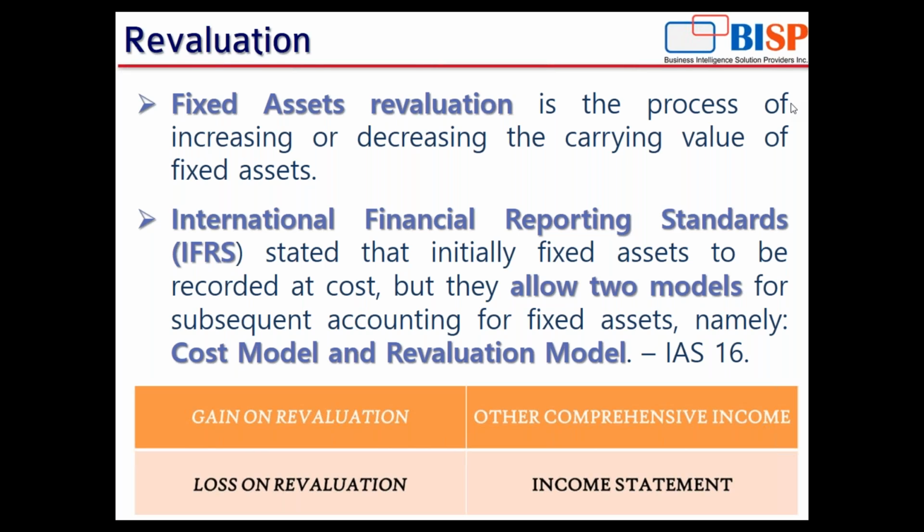Current cost is basically the cost of the asset minus the accumulated depreciation, which is the cost I have in my balance sheet. It is either going to increase or decrease based on research done in the markets. So IFRS allows two models: the cost model and the revaluation model.